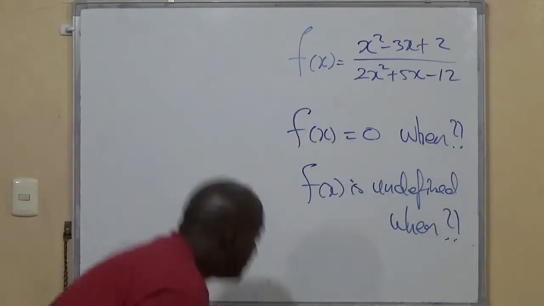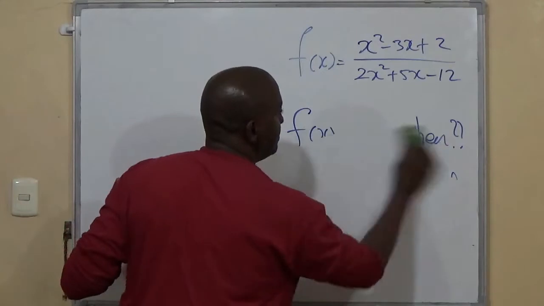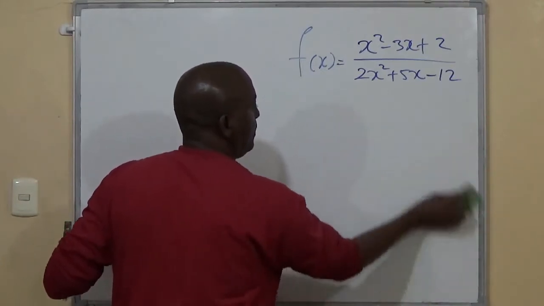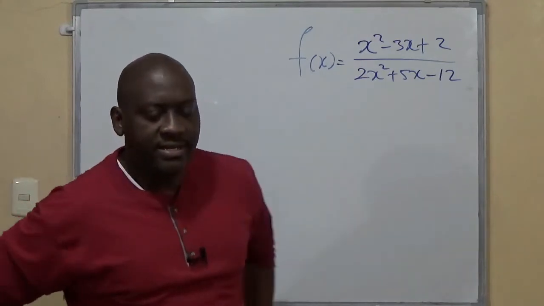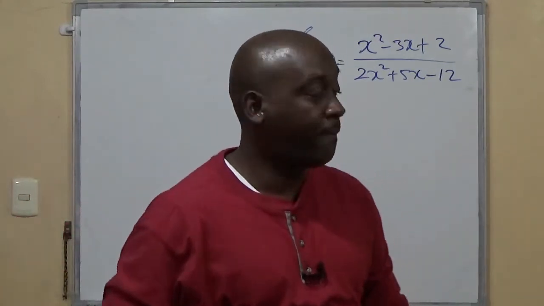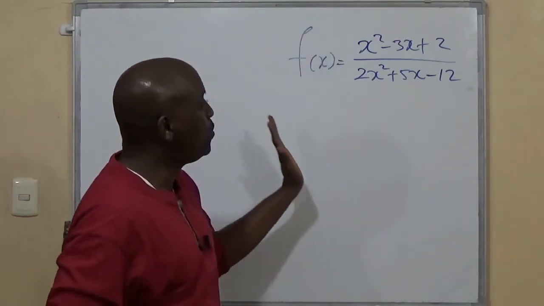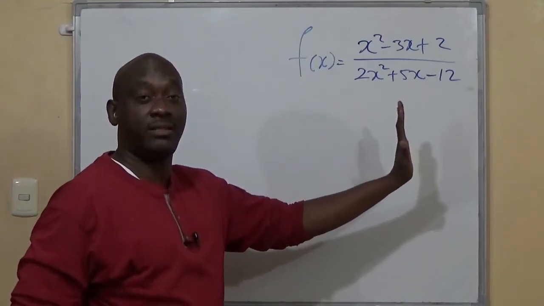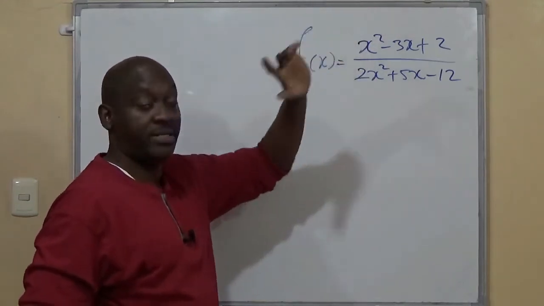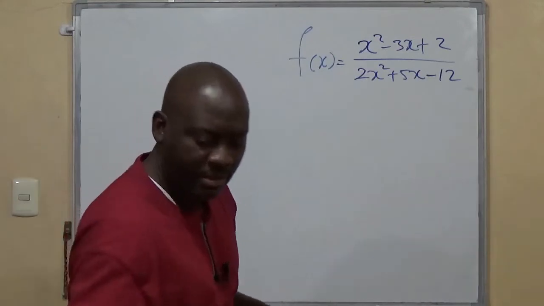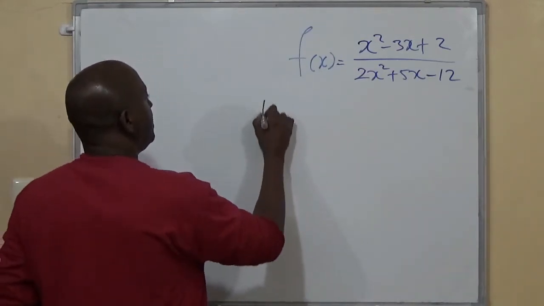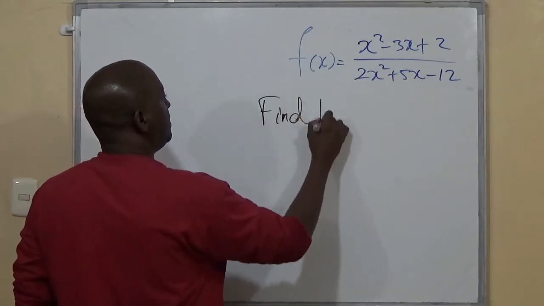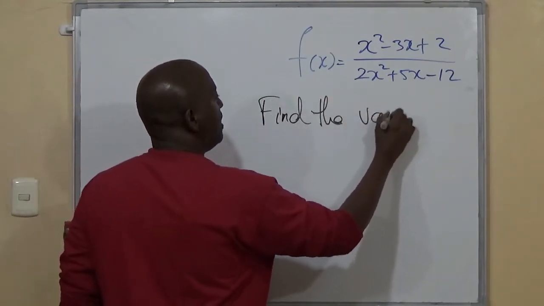If you get a question like this in CSEC, and this is what I'm trying to show people all the time, chances are the question would say, find the values of x for which the function is equal to 0. Let me write it out just to make the point. They would say, find the values.